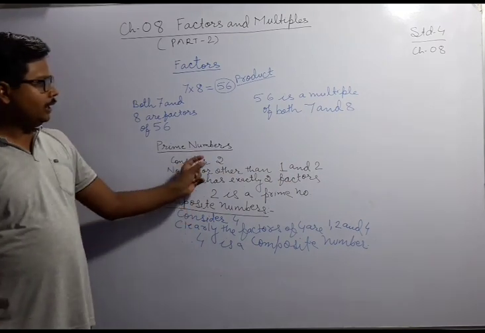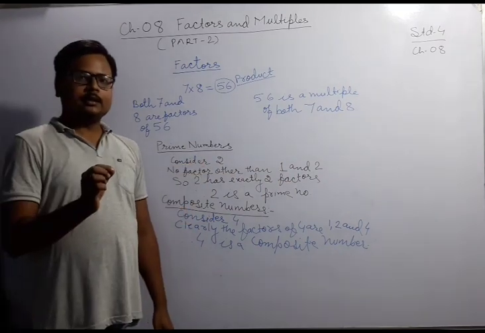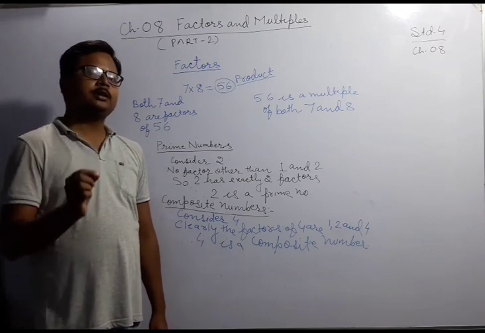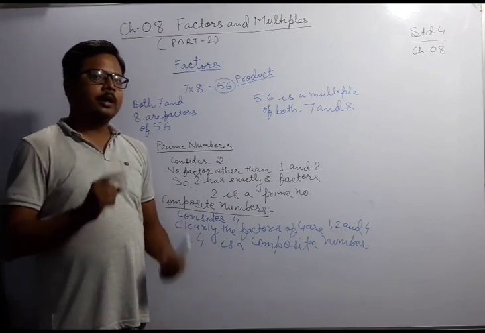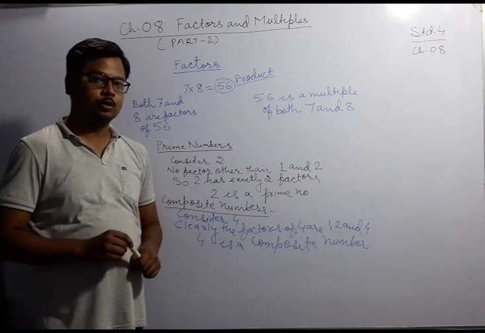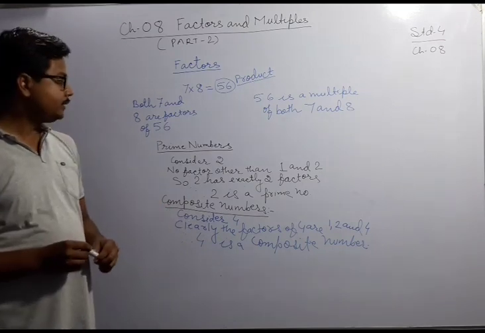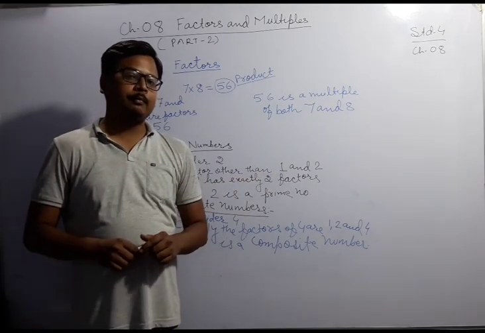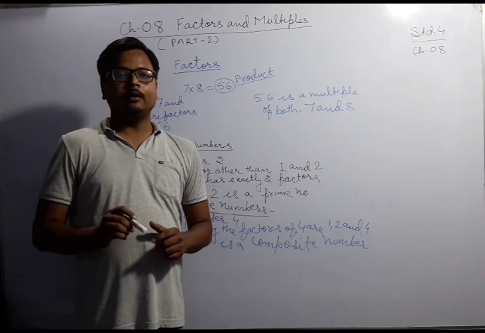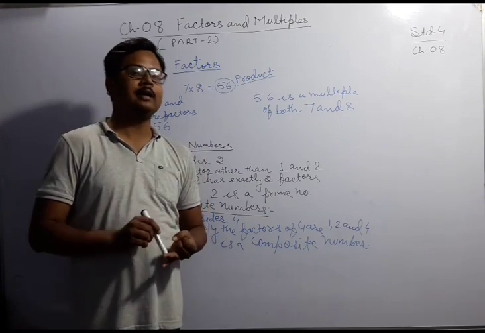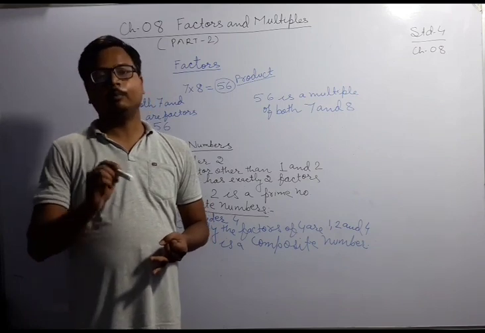That means there are no other factors of 2; it comes in the table of 1 and itself. So we can say 2 is a prime number. So what will be the definition of a prime number? A number which has only two factors, that is 1 and itself, is known as a prime number.